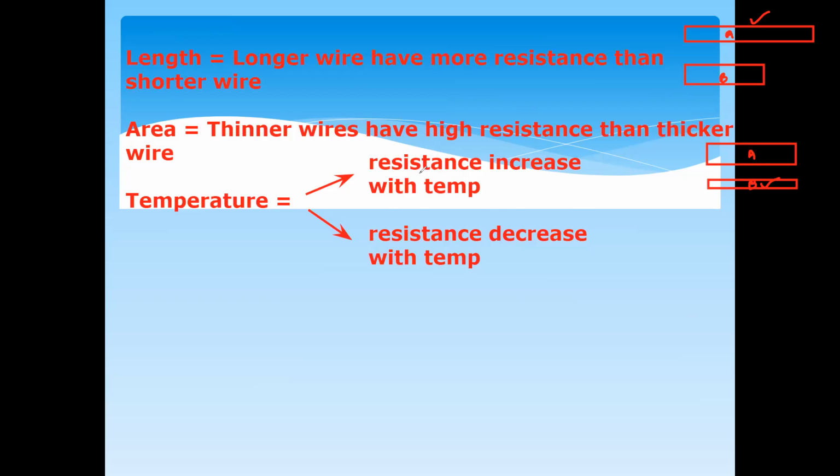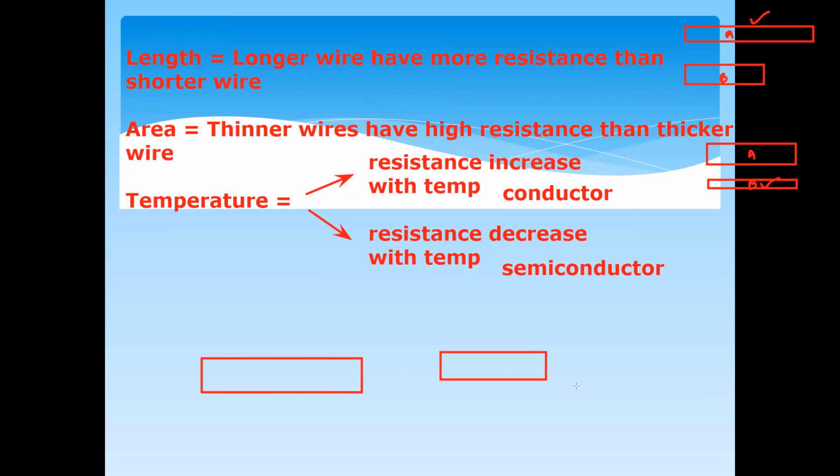And if we have a conductor, resistance increases with temperature, and this happens for conductors. And resistance decreases with temperature, and this happens for semiconductors. So if we have a conductor like a copper wire, we have two copper wires, same size, same length. One is at 30 degrees, another one is at 60 degrees.